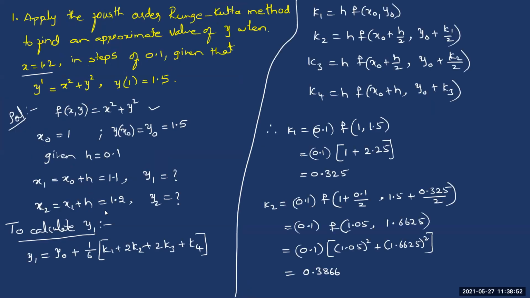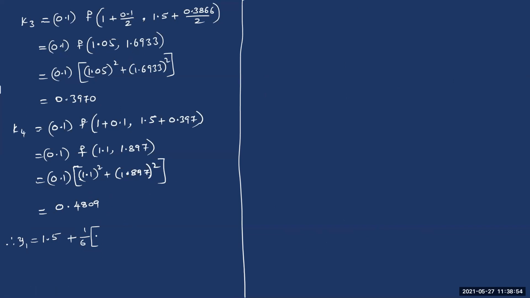It is 0.325. So it is 0.325 plus 2 times K2, 0.3866, plus 2 times K3, 0.397, plus K4, 0.4809. So this is the value of y1.